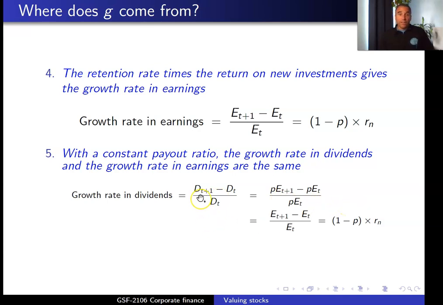If I develop my equation for the growth rate in dividends, it is dividend at time t+1 minus dividend at time t, divided by dividend at time t.